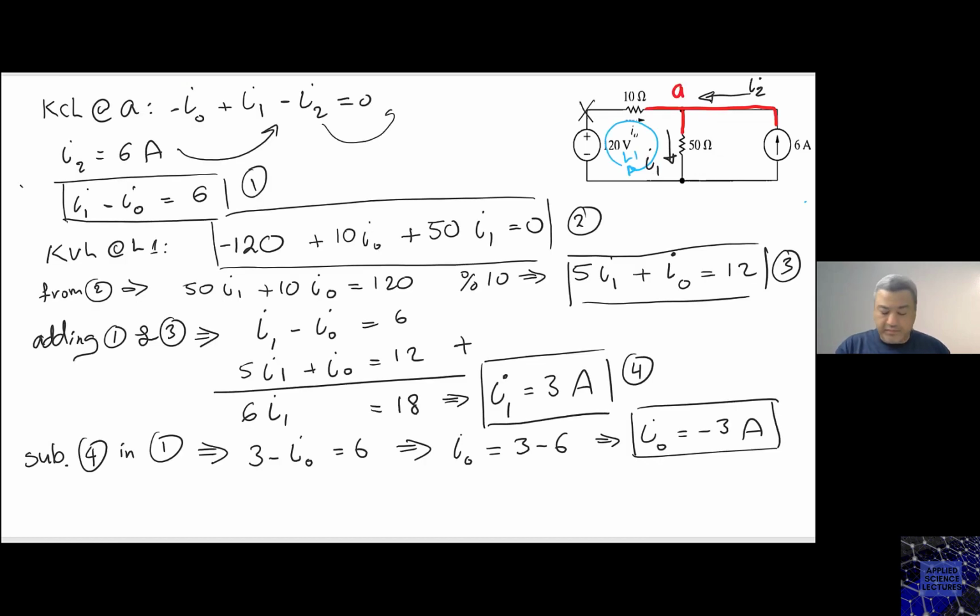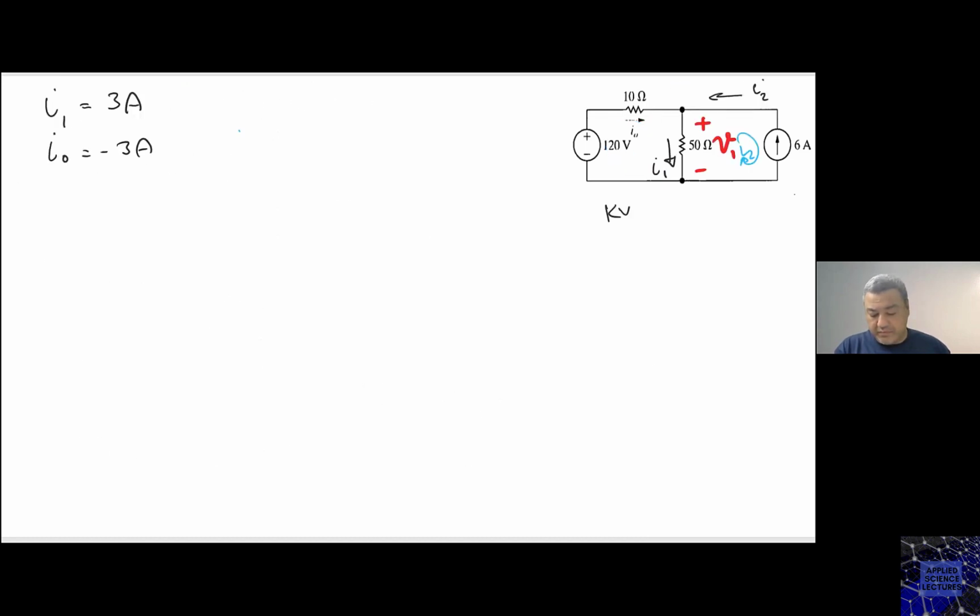KVL at L2. What is it going to give you? Remember, in KVL we're dealing with voltages. So basically, it's going to say minus V1, which is the voltage here, plus V1, which is the same voltage, equals 0.